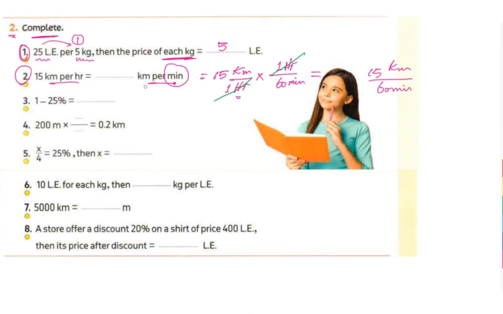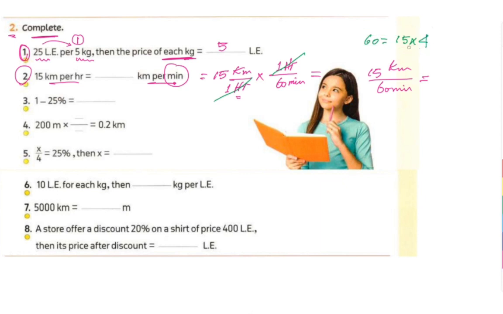But I need kilometers per minute. That means I need to simplify 15 over 60. I know that 60 equals 15 times 4.